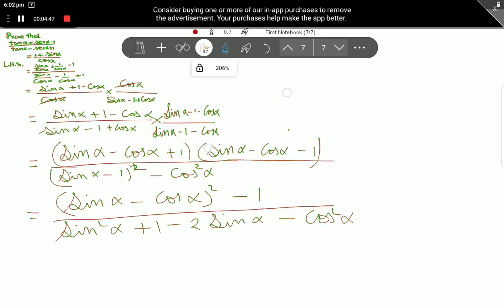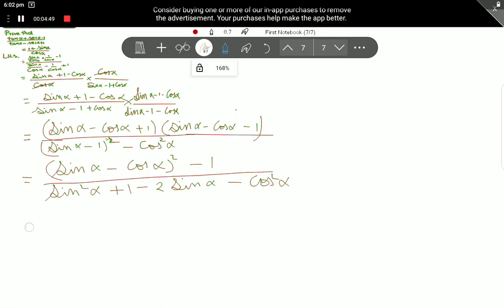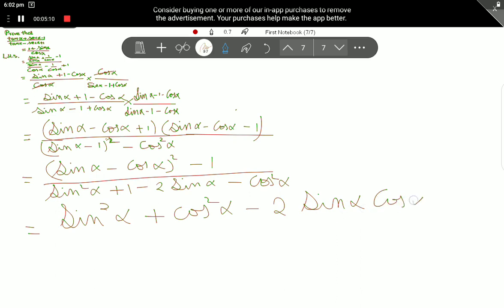Okay, next you can expand the numerator as well. (Sin alpha minus cos alpha) whole thing squared can be written as sin squared alpha, applying the identity (a minus b) whole thing squared is a squared plus b squared minus 2ab, minus 1 as it is.